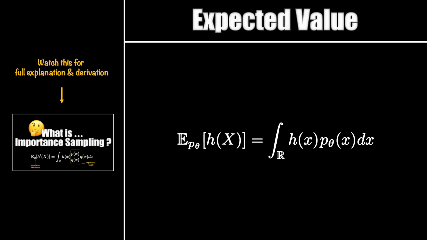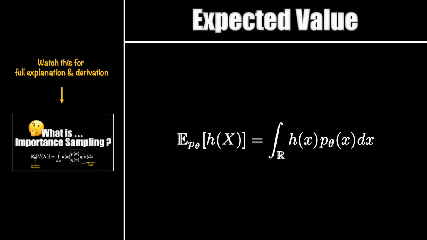And for that, we need to bring our expected value formulation into focus here. So assume that you cannot sample from P, that is the target distribution, and therefore you cannot apply the law of large numbers. As I mentioned earlier, one common theme in these sampling methods is that if you cannot sample from your target function, then you should take help from another distribution called a proposal function.